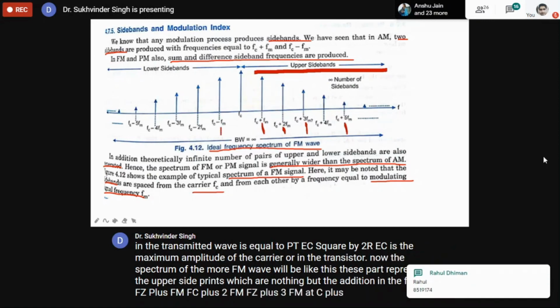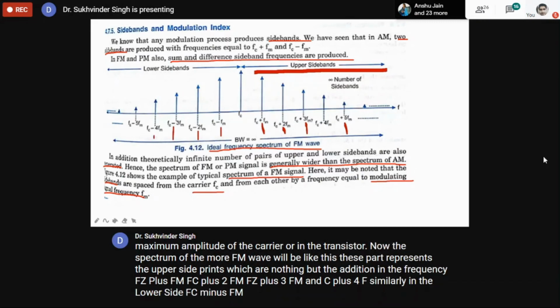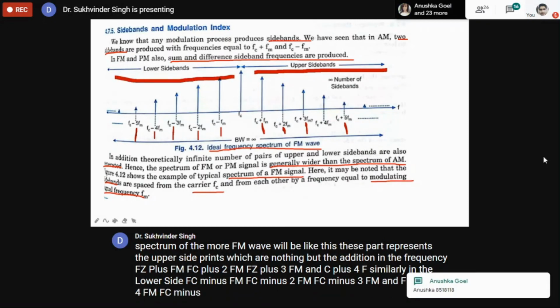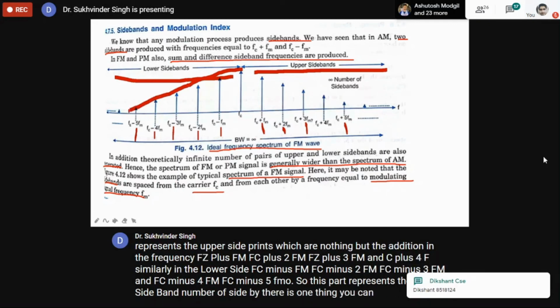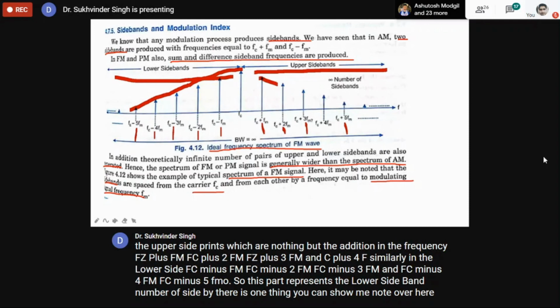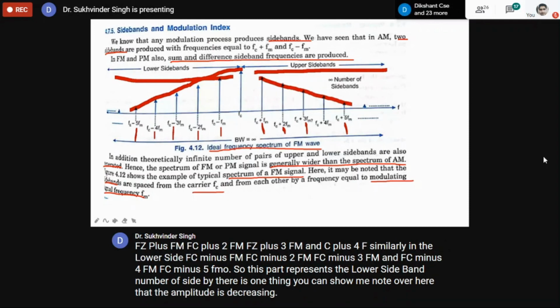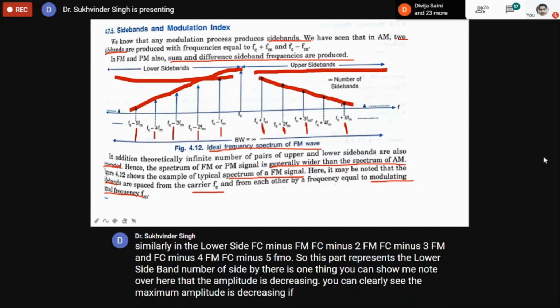Similarly, in the lower side, fc minus fm, fc minus 2fm, fc minus 3fm, and fc minus 4fm, fc minus 5fm or so. So this part represents the lower sideband, number of sidebands. There is one thing you can surely note over here, that the amplitude is decreasing. You can clearly see the maximum amplitude is decreasing if the number of bands are more and more taken into account.